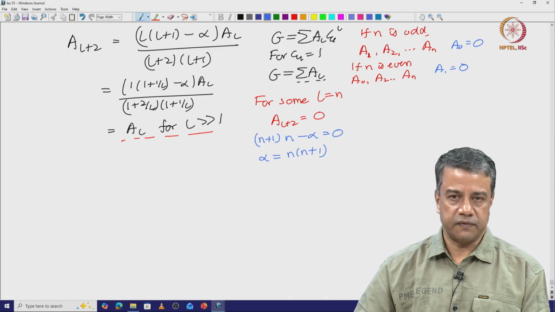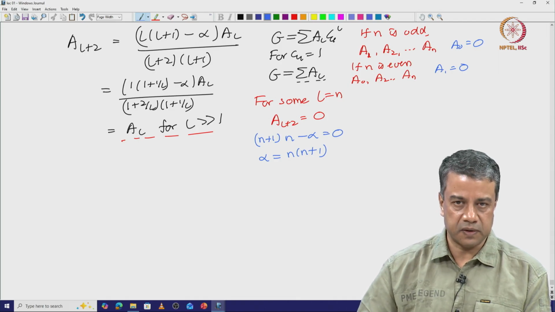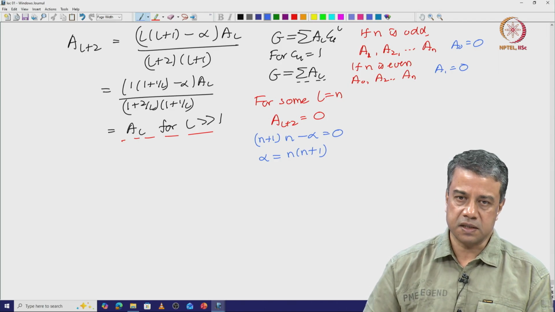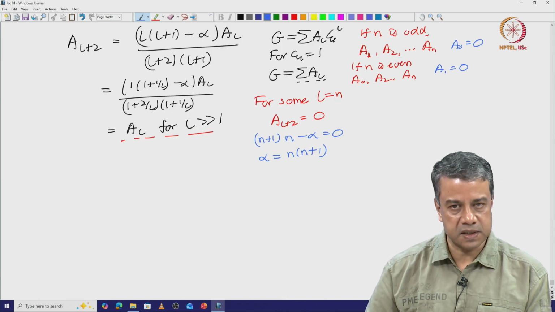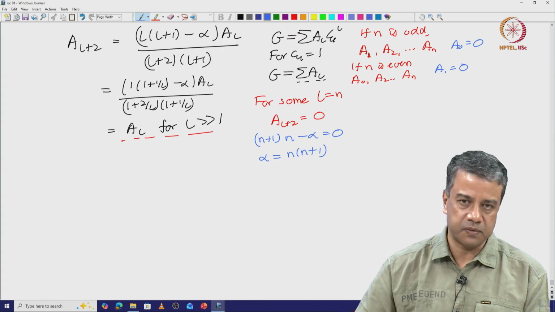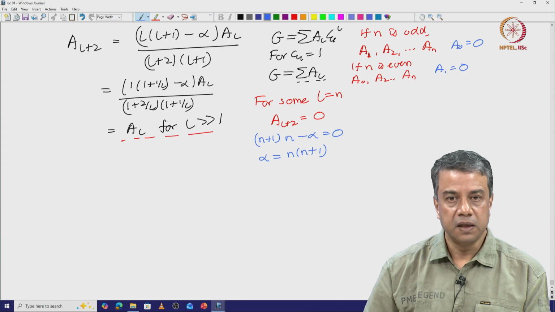You will have A0 plus A2 x square plus A4 x power 4 etc. That is one series, that is the even series. Alternatively, you will have A1 x plus A3 x cube plus A5 x power 5 plus etc. That will be the odd series.